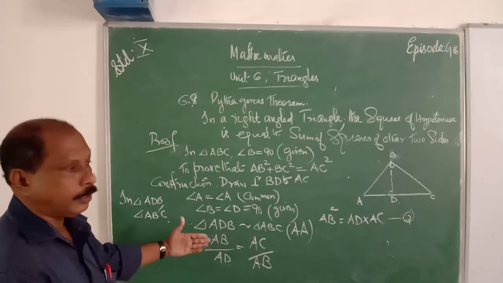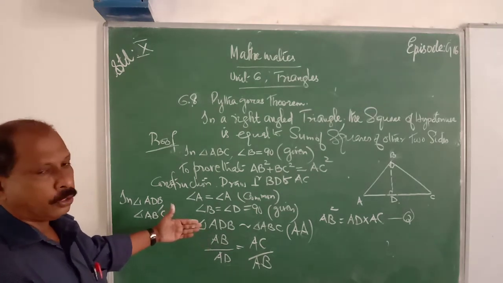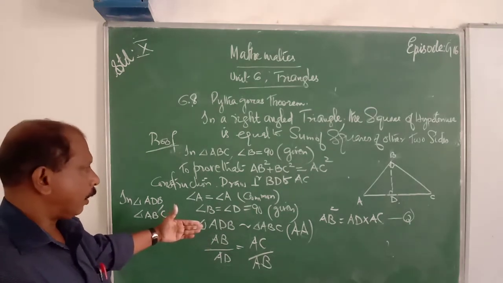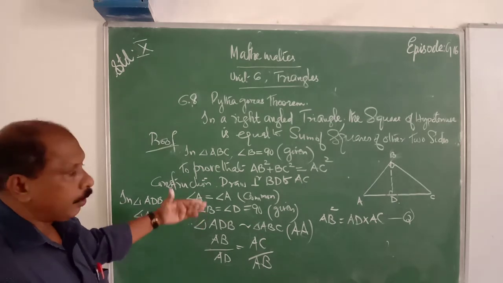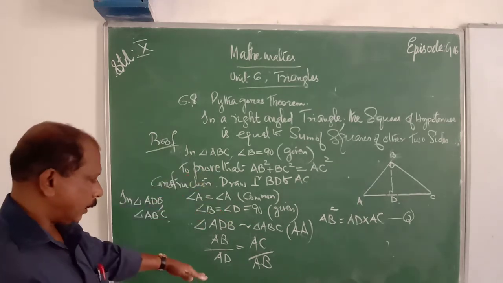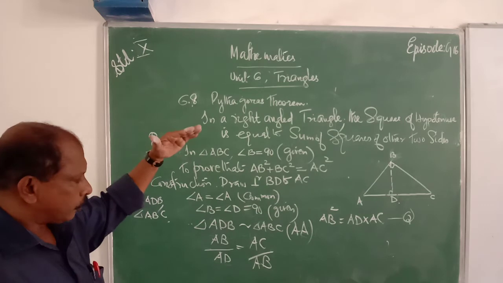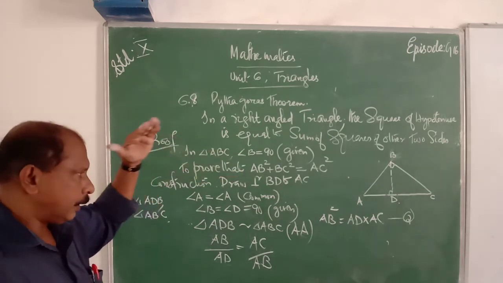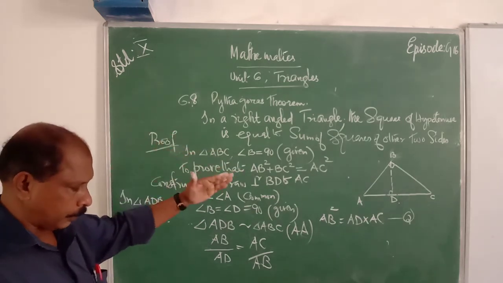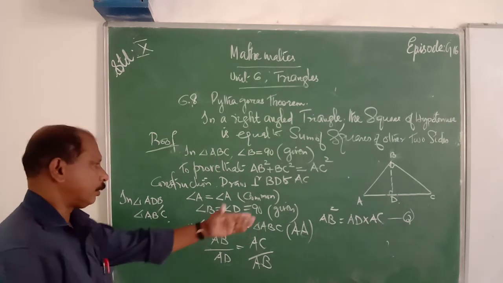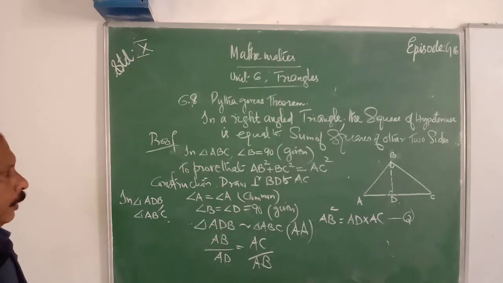Therefore, the base of the large triangle is AB, the base of the small triangle is AD, the hypotenuse of the large triangle is AC, and the hypotenuse of the small triangle is AB. Therefore, AB square is equal to AD into AC, we get the result.